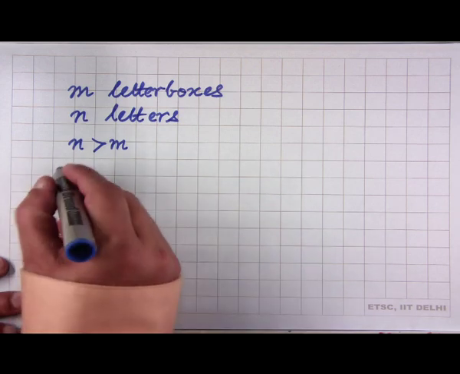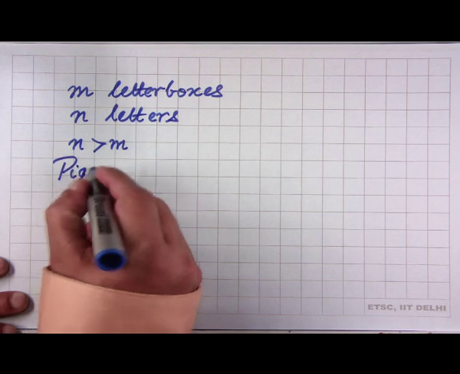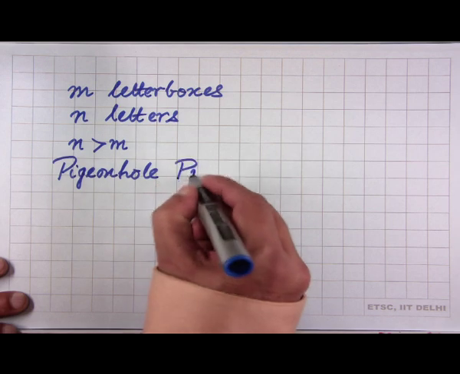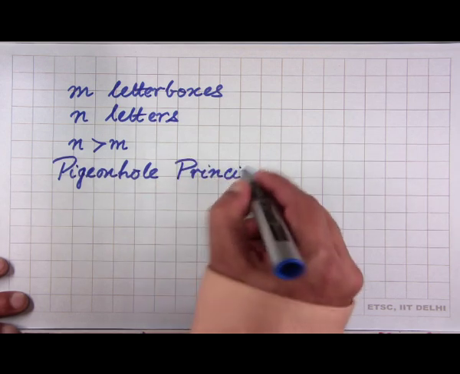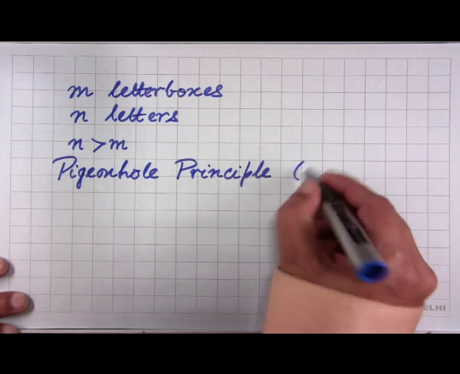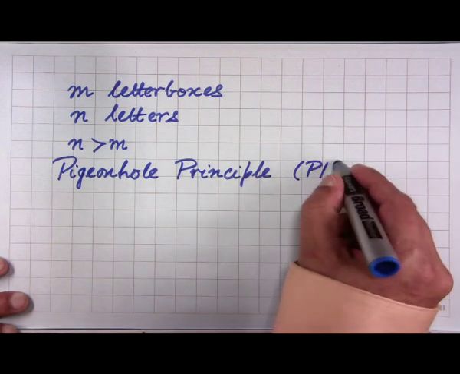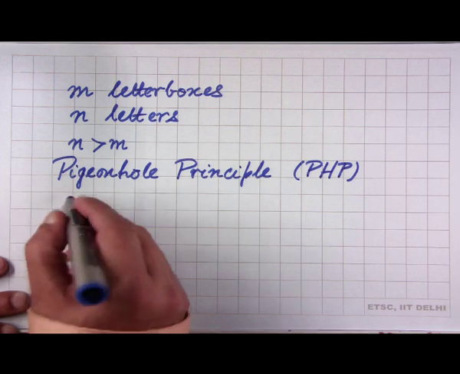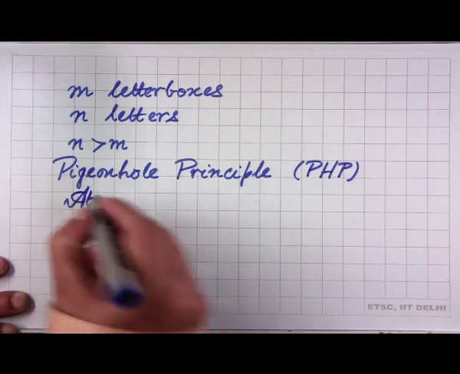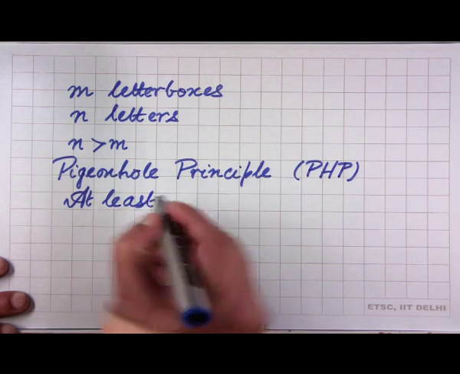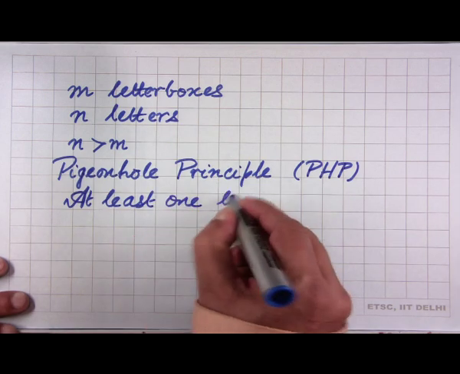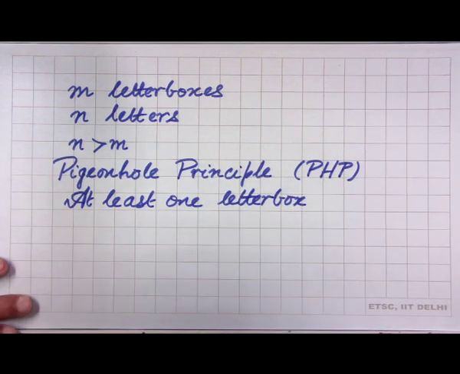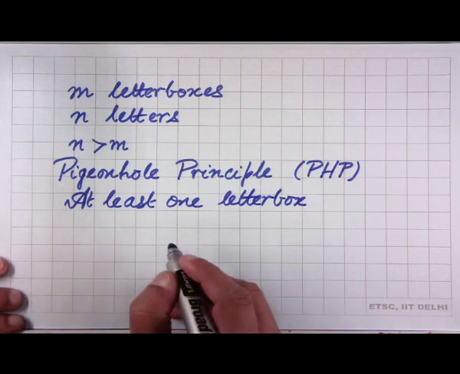The Pigeonhole Principle, in the simplest version, sometimes I will call it PHP for Pigeonhole Principle, states that at least one letterbox, I'm kind of doing away with using pigeonhole and substituting that with a letterbox.